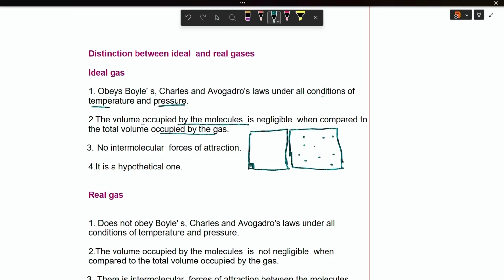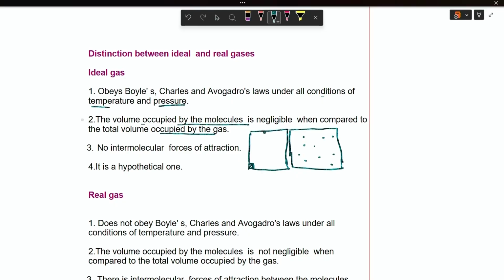These molecules altogether can sit in such a small space, and that is the only space that molecules actually require. But since they are far apart, they occupy a larger volume. You can add up the volume, or compress them to a small volume, and this will be the volume occupied by the molecules.